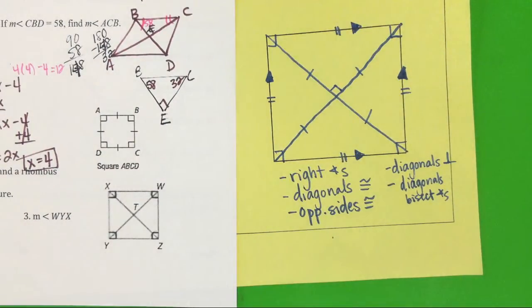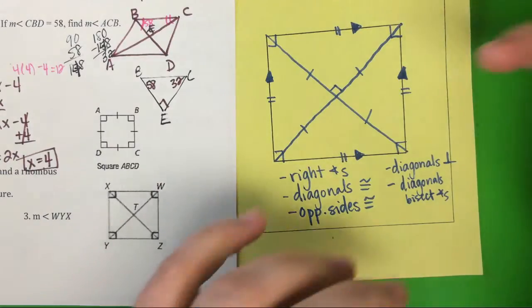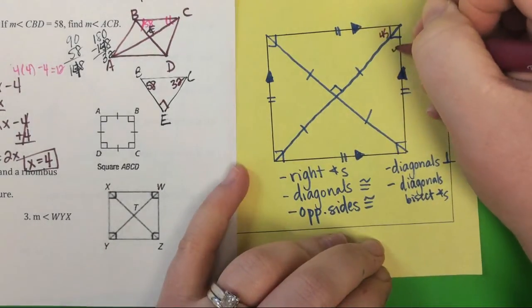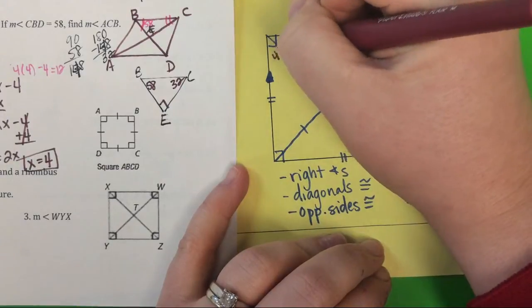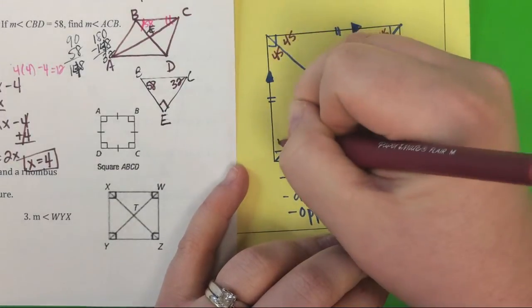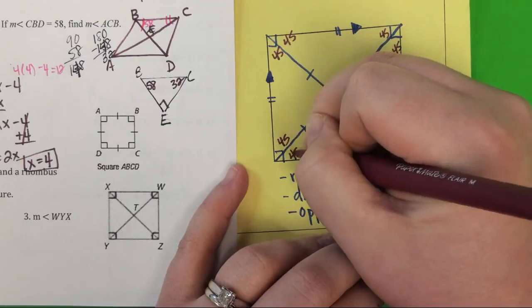But since we know the angles are all 90-degree angles, if they're being bisected, we know specifically it's a 45-45 split. And you can write it in on every single one if you want. You know, I'm OCD, so once I start, I got to finish.